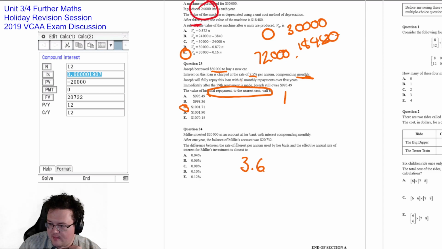So that's the rate of interest, and then we need the effective annual rate of interest.